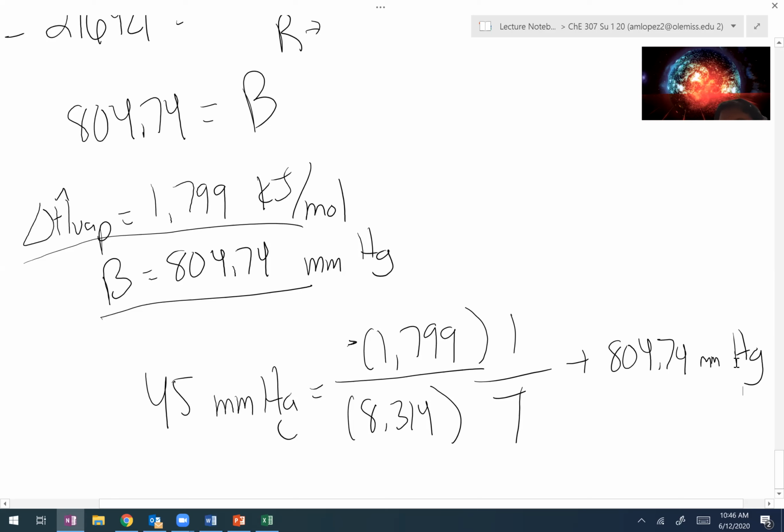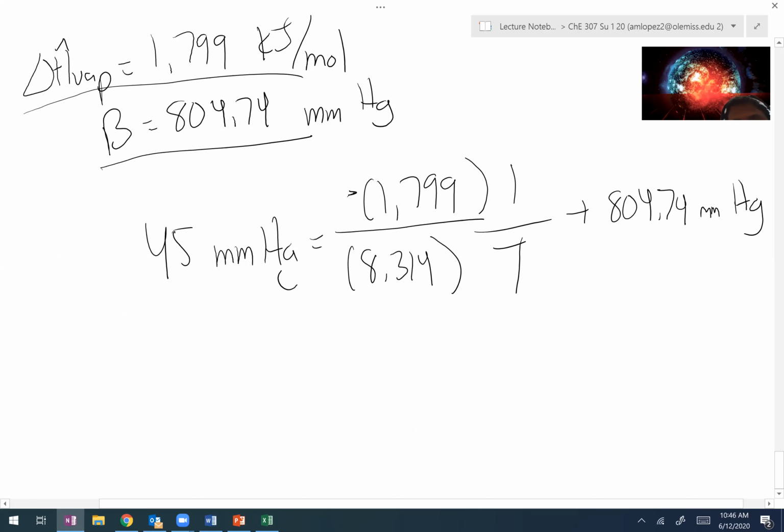If you do that, you should get about, for T, 285 Kelvin, which is about 11.8 degrees Celsius.